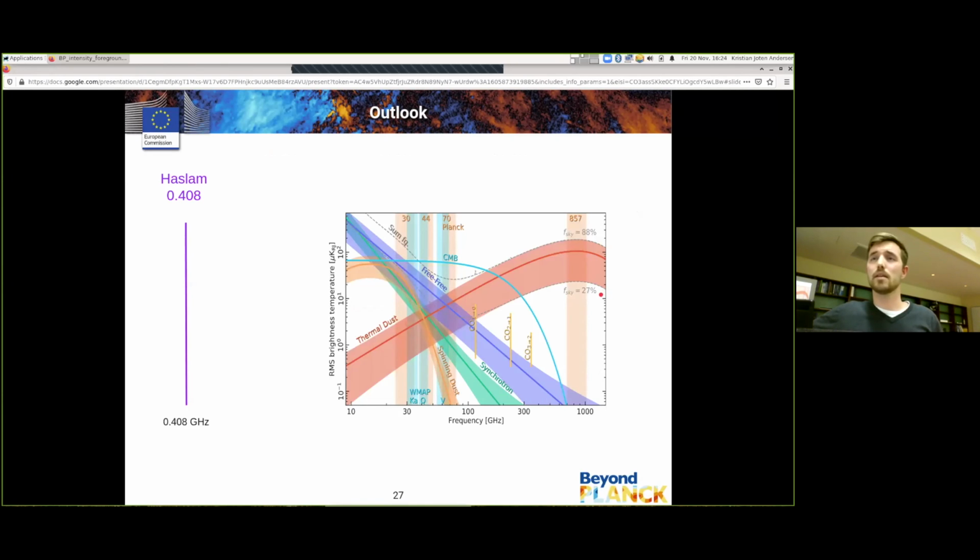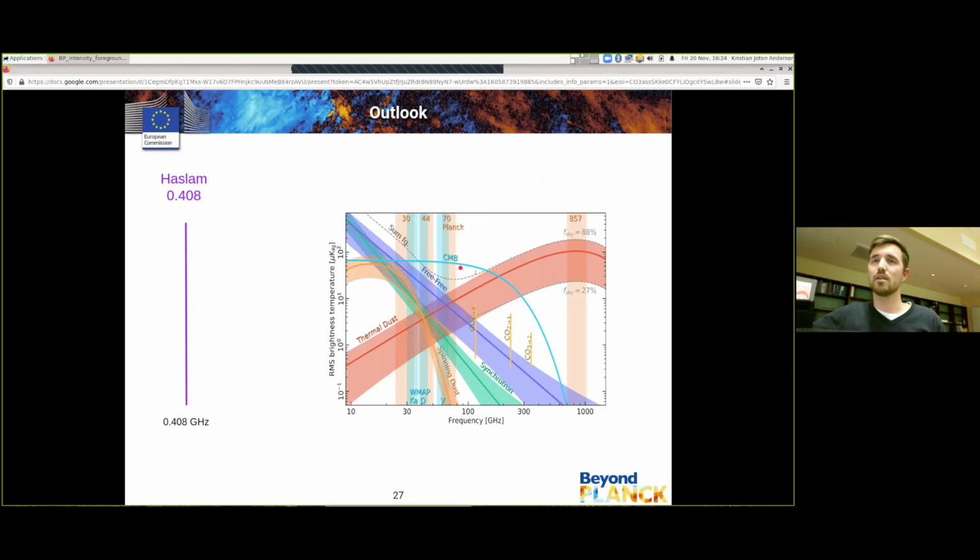And then finally, to look a little bit to the future here, this is our data model as we've used in this analysis, and we have the Haslam map all the way out here in order to try to constrain the synchrotron intensity that goes up here, and the 857 band here to take the intensity of the thermal dust.